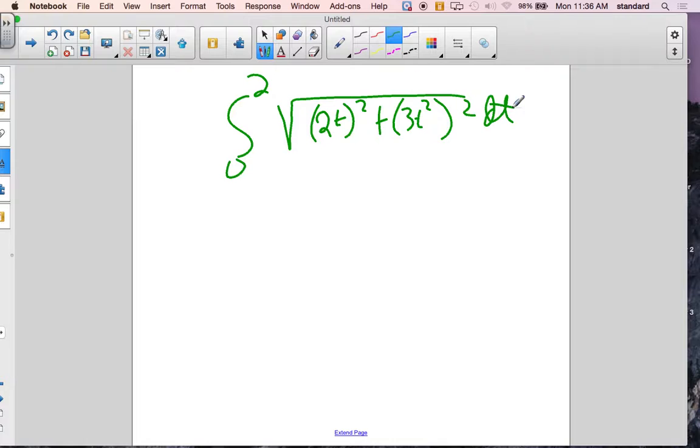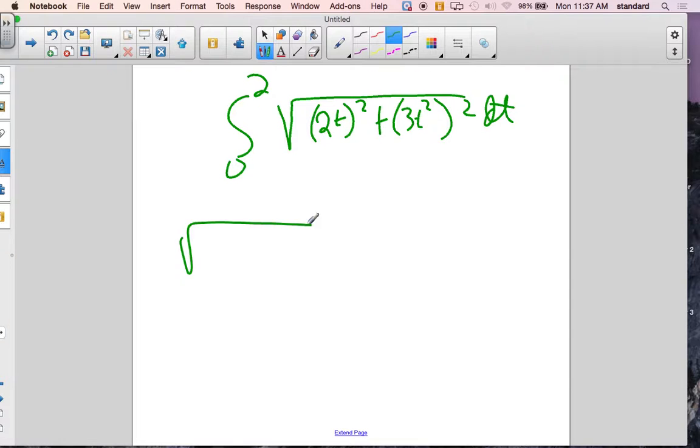Now, it's interesting that they just said set it up, because you couldn't integrate that. That'd be really difficult to find the antiderivative on. This would probably be one you just either punch in your calculator or leave it alone. Can you just distribute the 1/2 exponent? No, you can't do that.